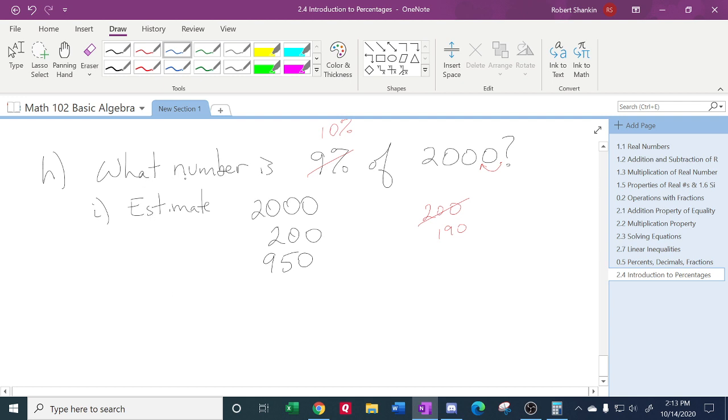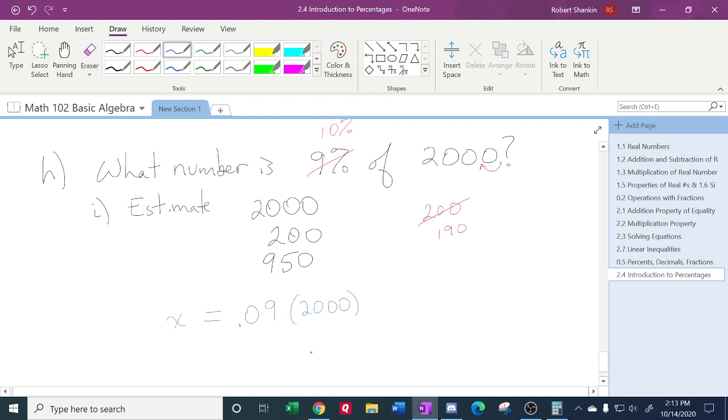So, what number is x equals 9%, I'm going to put it in the decimal, of means times, and then 2,000.